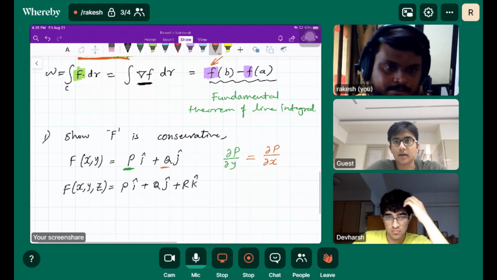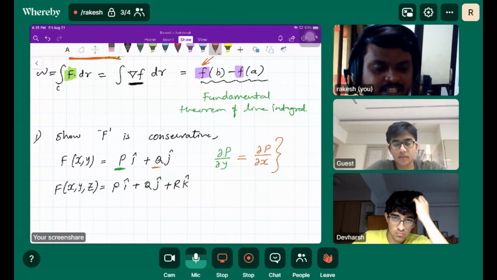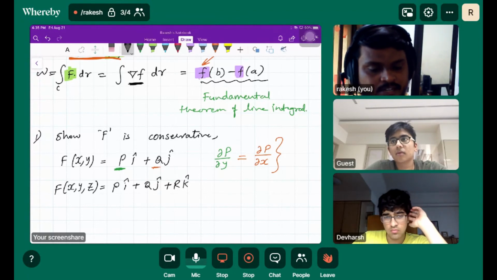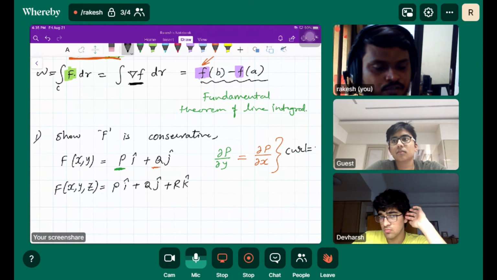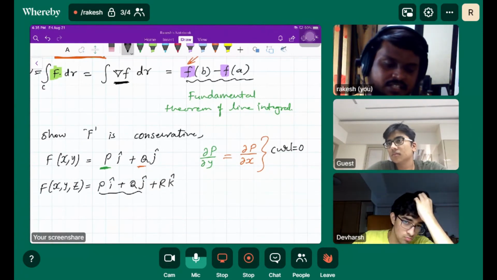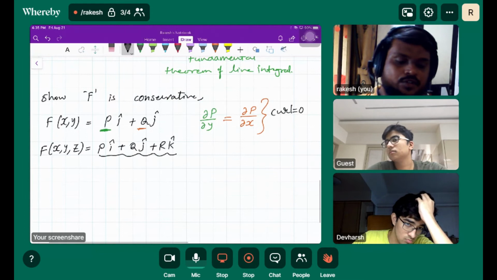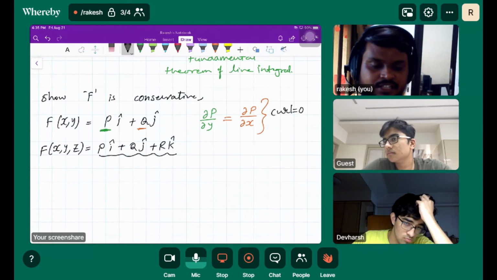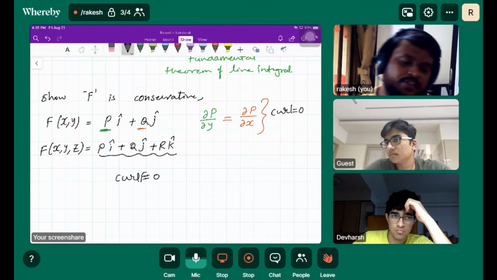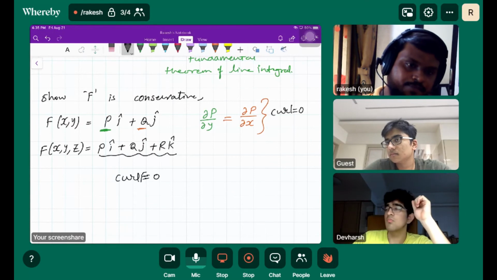Del q by del x, right? So see, this is basically curl. If you can relate the concept, this is basically curl equal to zero. So you'll have to check one thing, that curl has to be zero. Curl of this f has to be zero if the given vector field is conservative vector field.